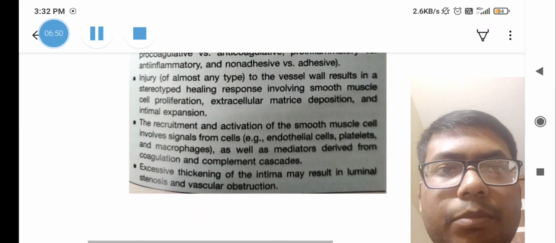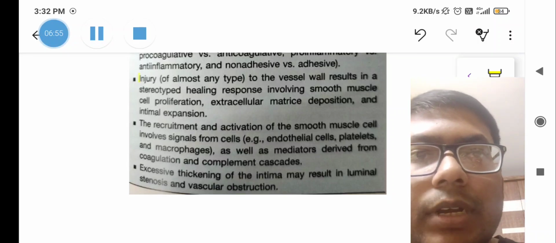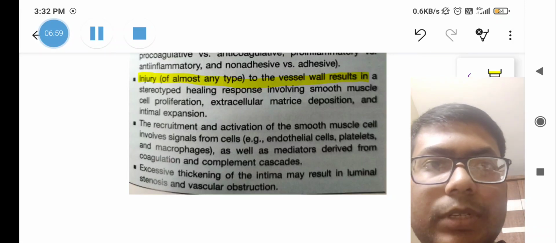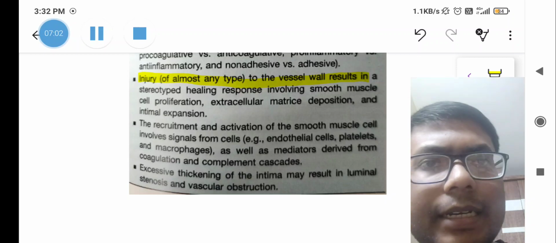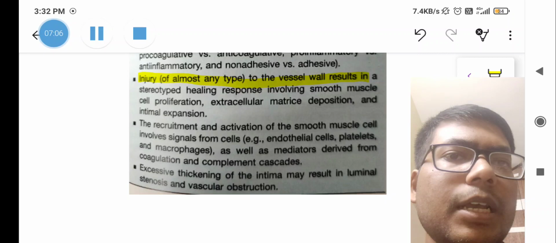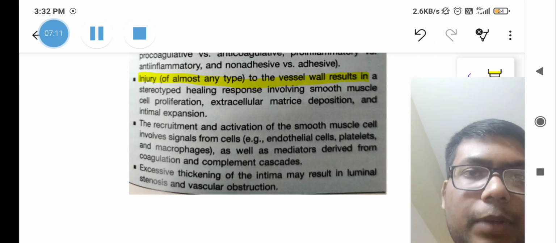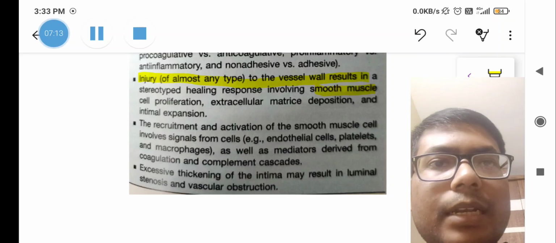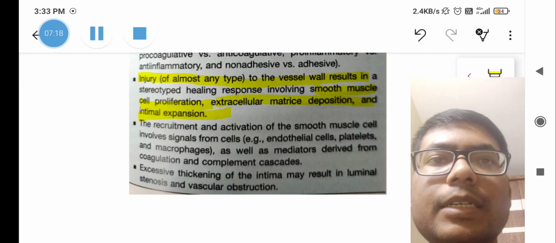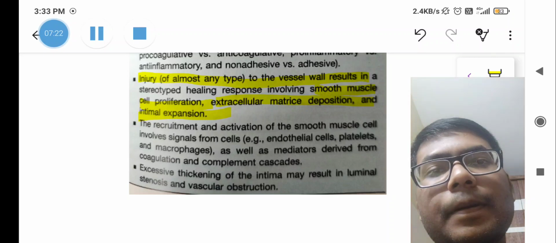Now the main important part is this: injury of almost any type to the vessel wall results in a stereotyped healing response, which involves smooth muscle cell proliferation, extracellular matrix deposition, and intimal expansion. This is seen in atherosclerosis.